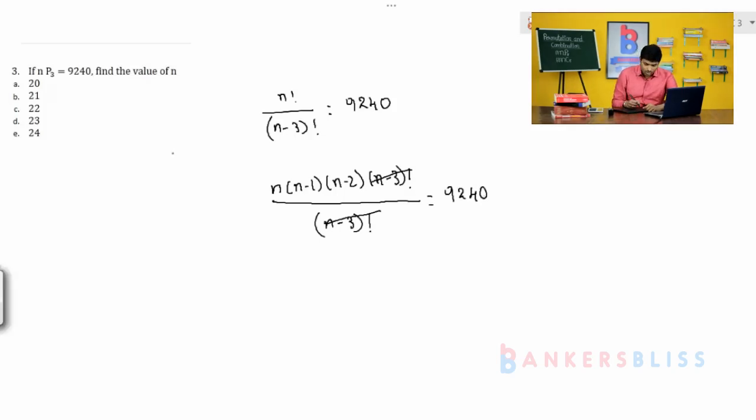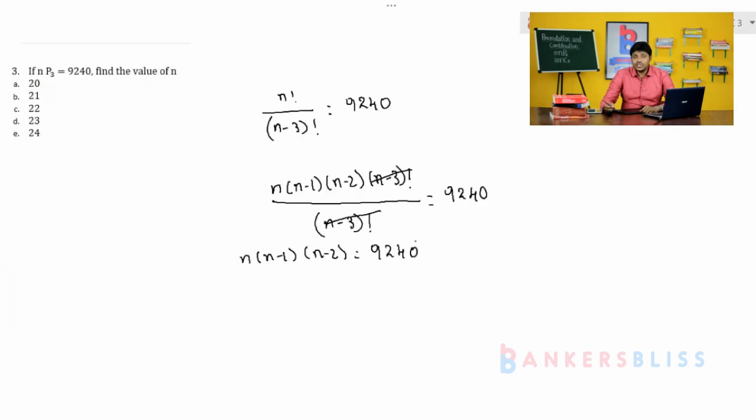So now you got n into n minus 1 into n minus 2 is equal to 9240. If you simplify it, you are going to get a cubic value. So don't simplify this n into n minus 1 into n minus 2.